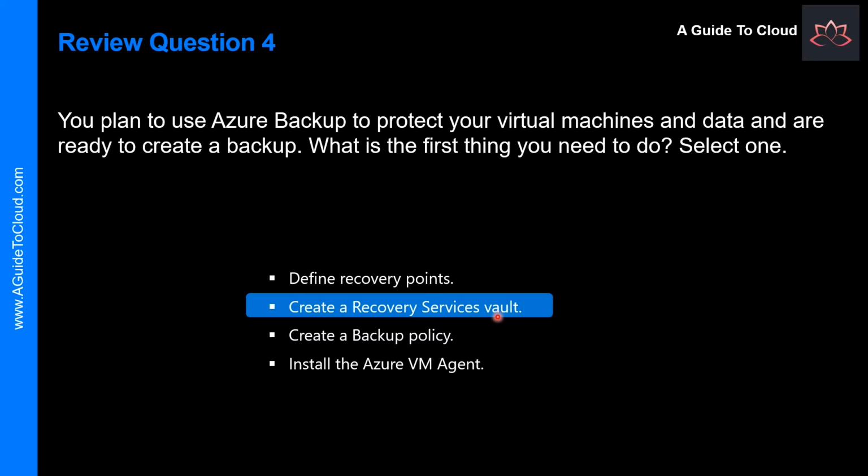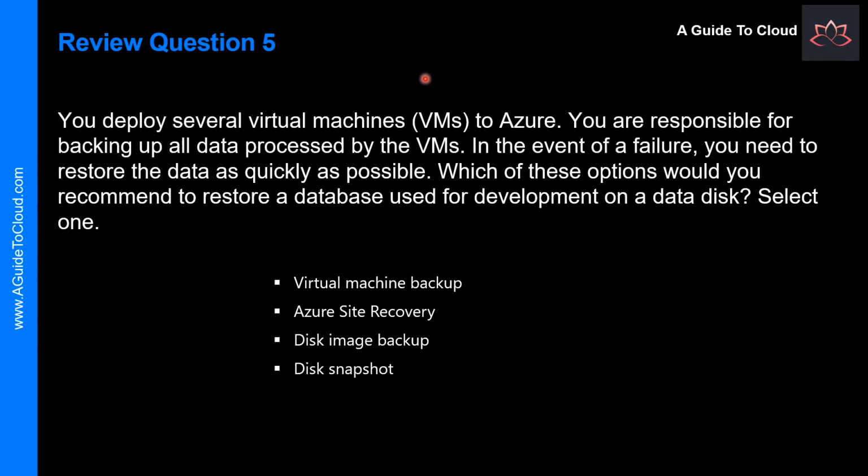Recovery points are stored in the recovery services vault. While creating a backup policy is a good practice, it is not a dependency to creating a backup. The Azure VM agent is required on Azure virtual machines for backup extensions to work. However, if the VMs are created from the Azure gallery, then the VM agent is already present on the virtual machine.